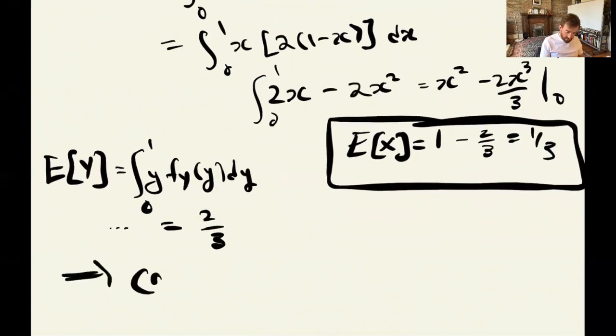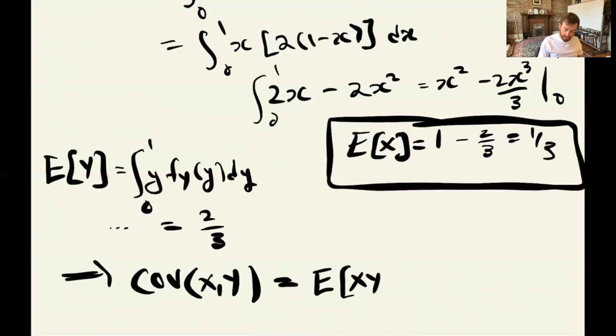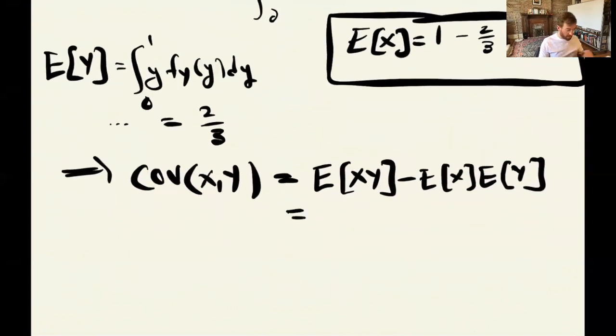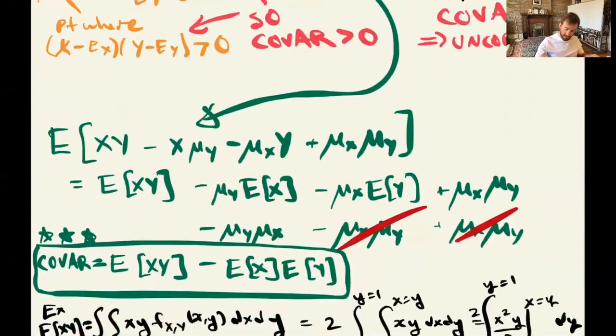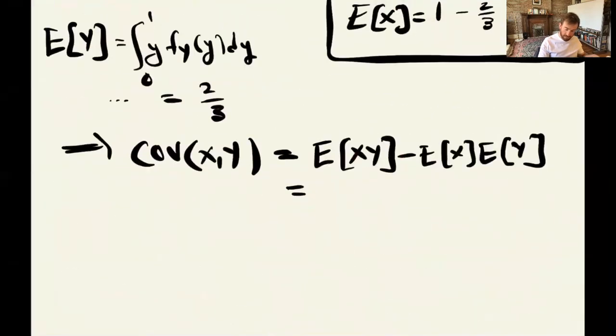So this implies that the covariance of X and Y, which is going to tell you just how correlated X and Y are as random variables, is, well, remember, expectation of XY minus the expectation of X times the expectation of Y, which should work out to be 1/4 minus 1/3 times 2/3. So that's 2/9.